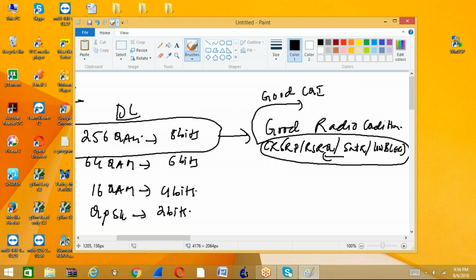We say that we are receiving good conditions, so here you'll report a good CQI. Ultimately, the output you will get is good throughput.